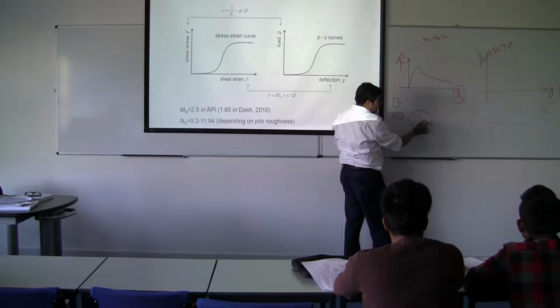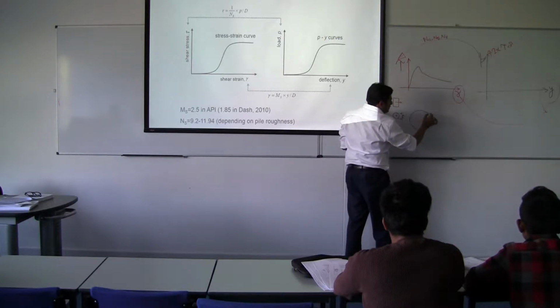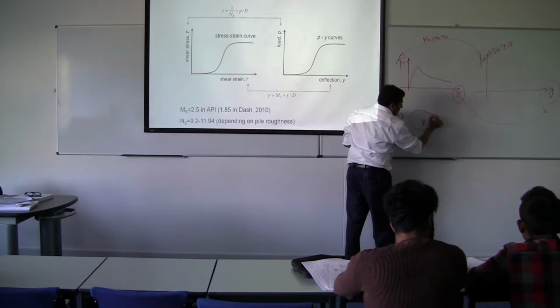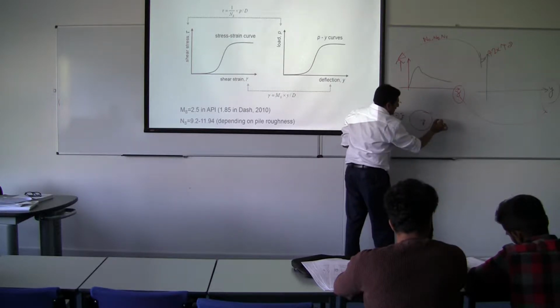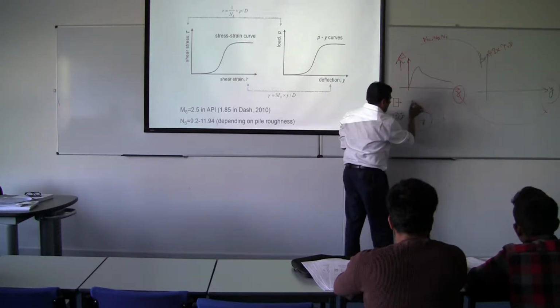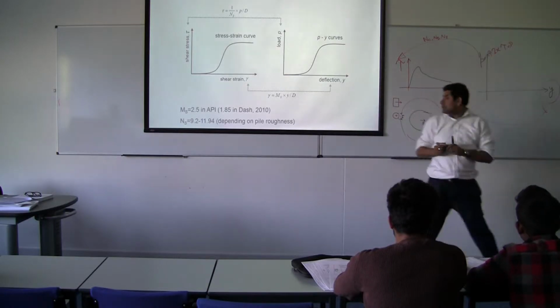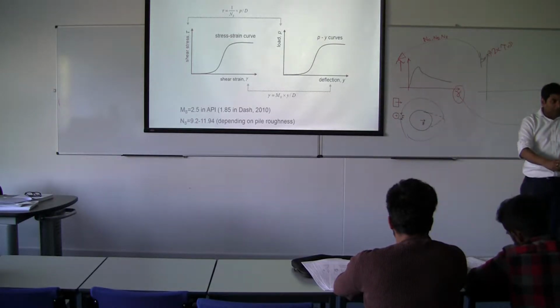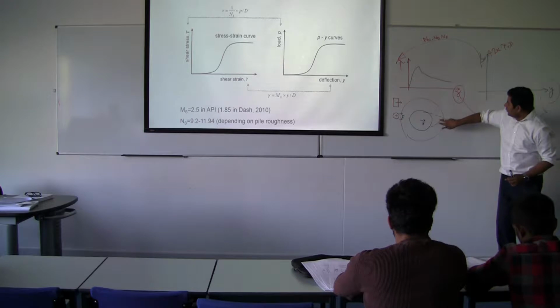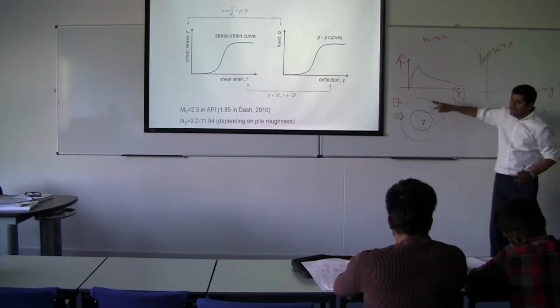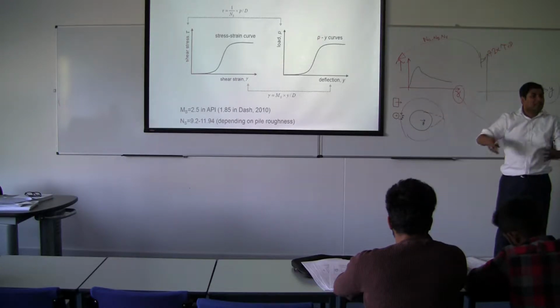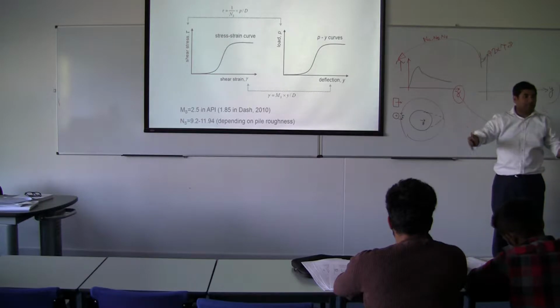So you know this pile moved Y, and therefore it would strain soil in this zone. If a pile at the bottom level moves, this zone around it will see some movement. The particles will be all strained, right?